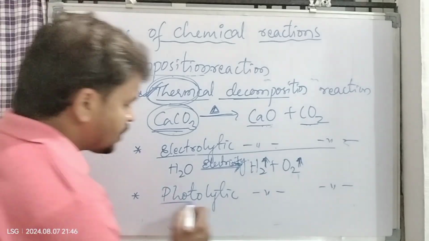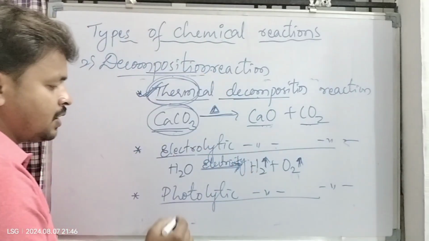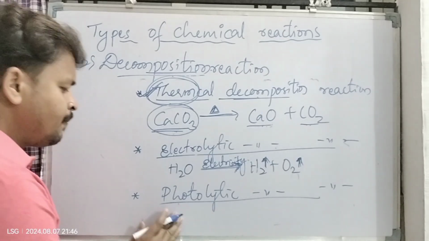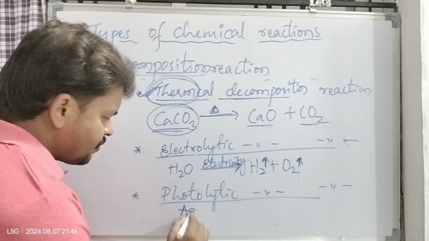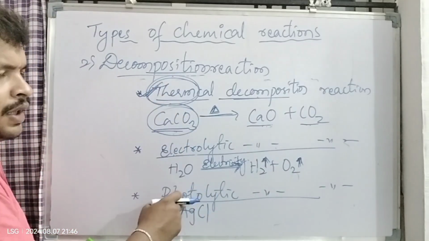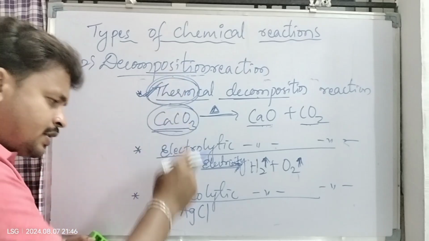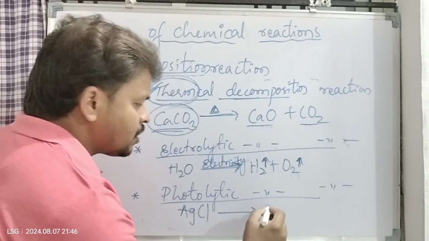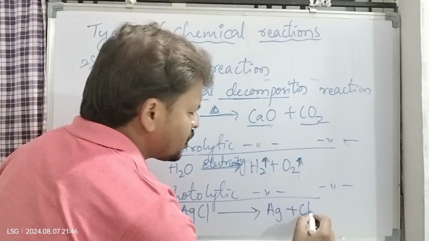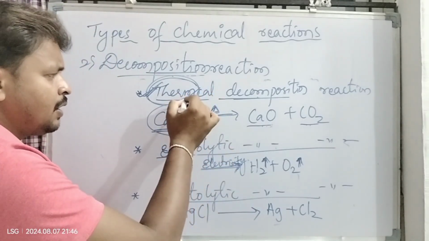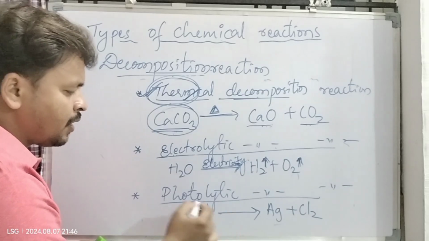And at last, the third type of decomposition reaction is photolytic decomposition. What is meant by it? All three are decomposition reactions only. Here, a single reactant breaks down into two or more products by means of electricity; there, thermal energy. What about here?